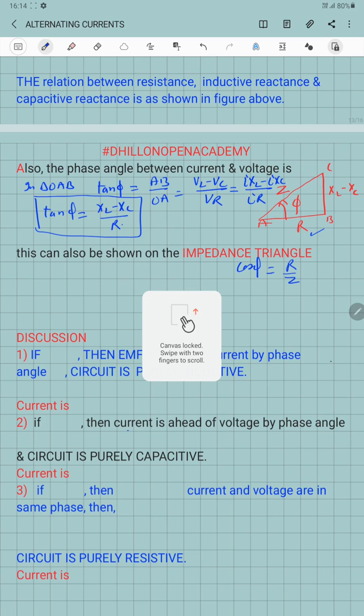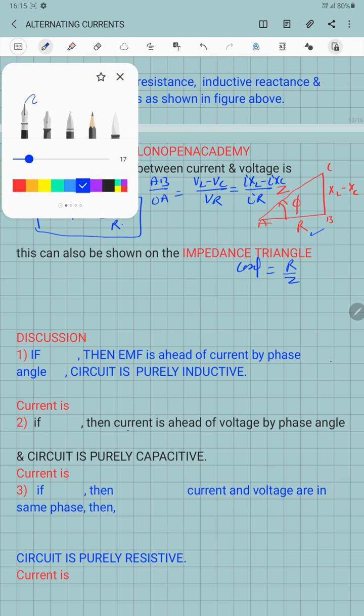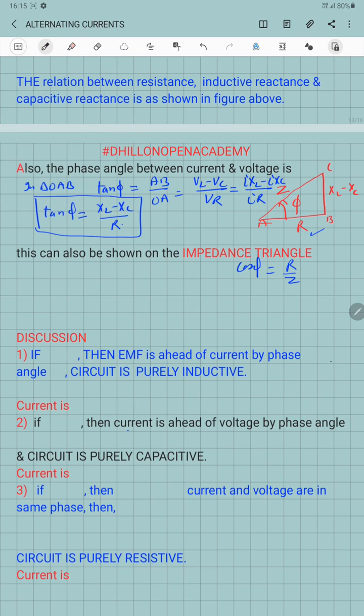If we assume that XL is greater than XC, then looking at this phase angle relation, tan phi equals XL minus XC over R, the value of XL minus XC will be positive. It will give us a positive value of phi.